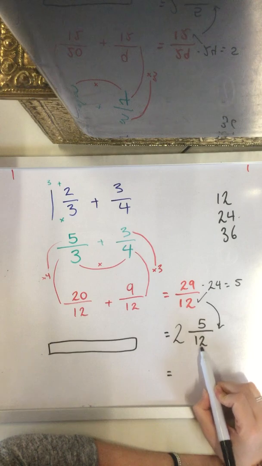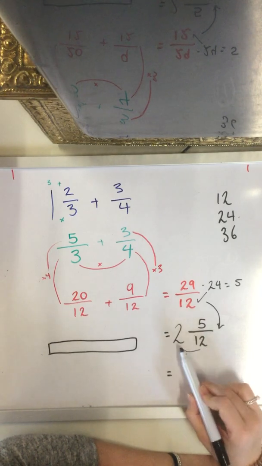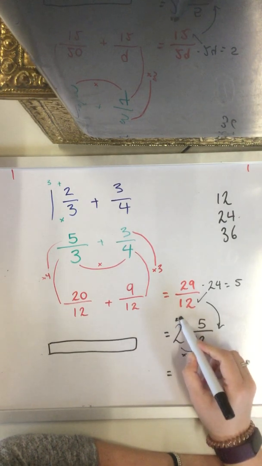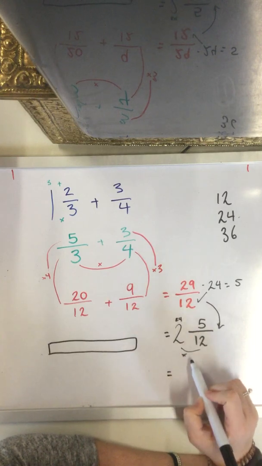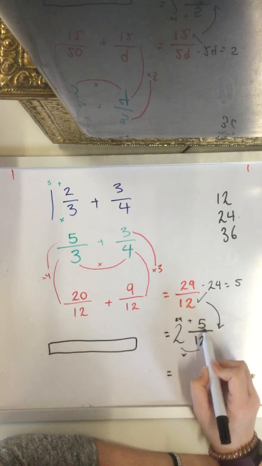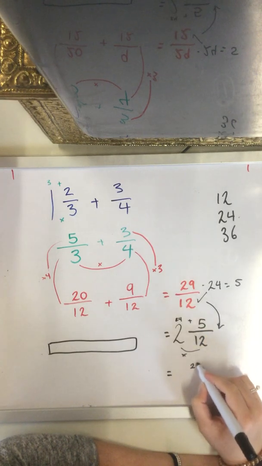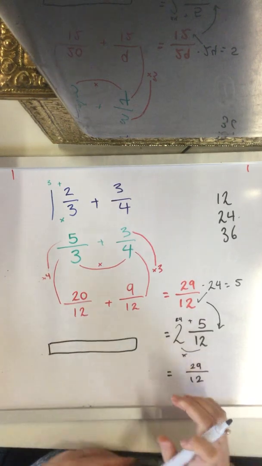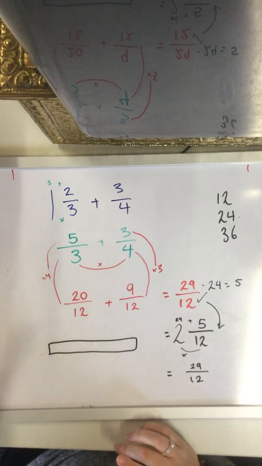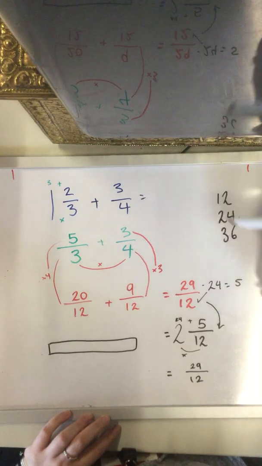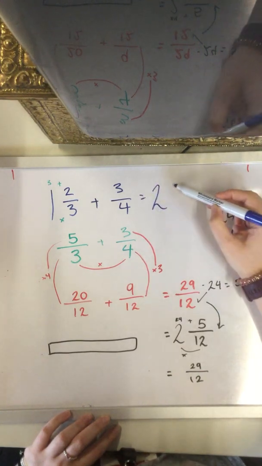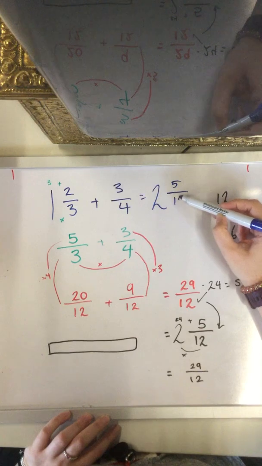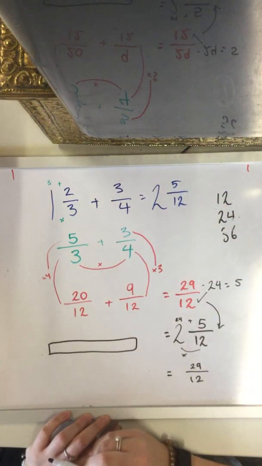I know that 12 times 2 is 24, and I know that 24 plus 5 is 29. So I know that I am right. So in the end, my final answer for this problem, I write it up here, it's going to be 2 wholes and 5/12. That's going to be my final answer. Okay.